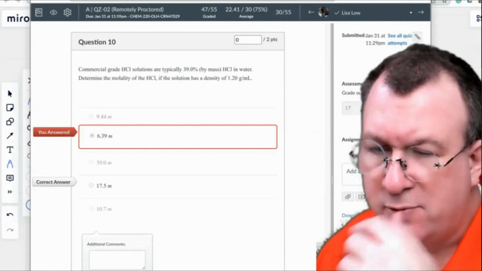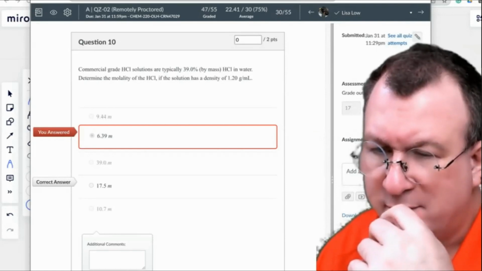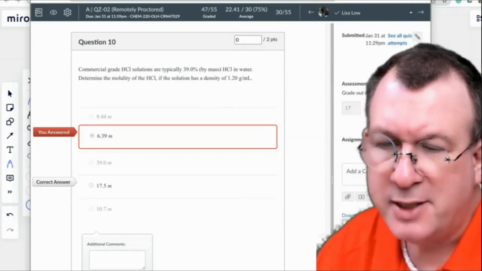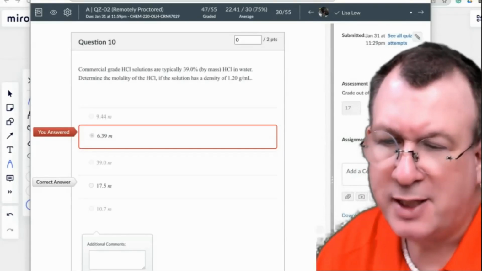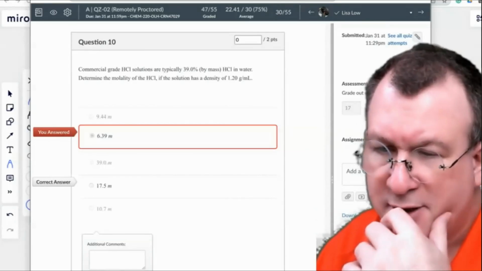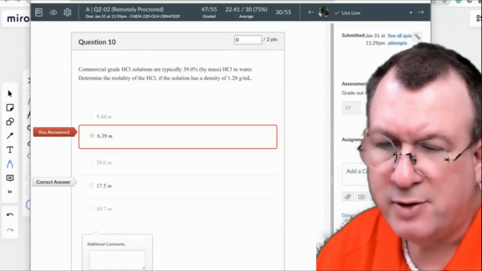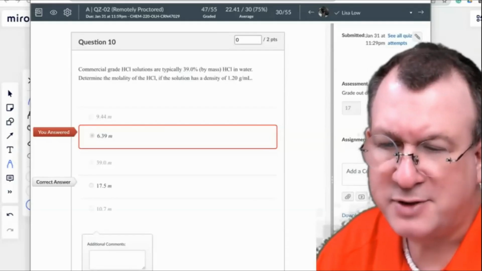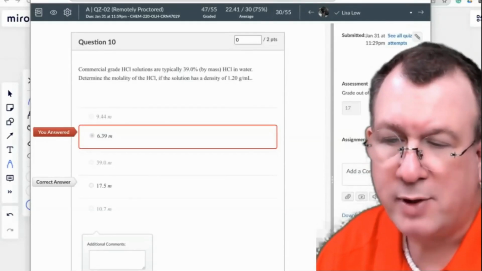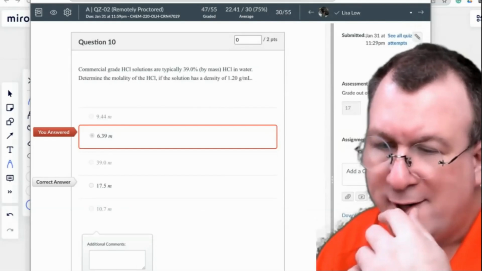So the way you would do this, you would start by assuming some mass. You assume like 100 milliliters or 100 grams. If you start with 100 grams, that means you've got 39 grams of HCl and 61 grams of water.